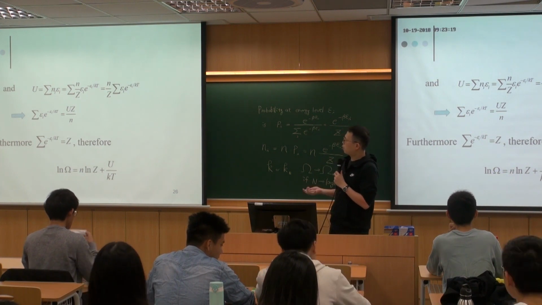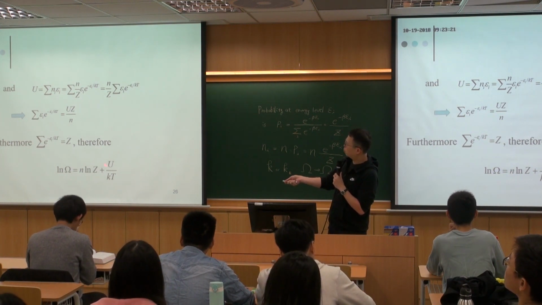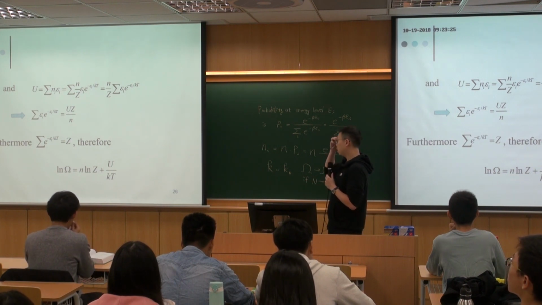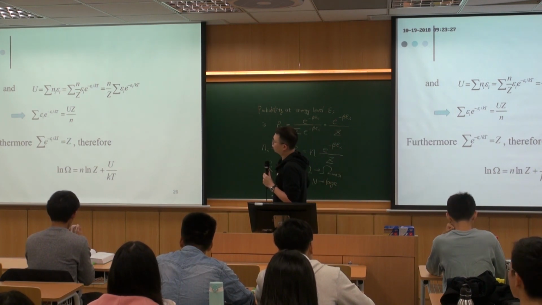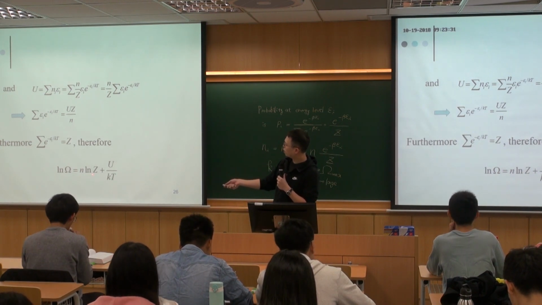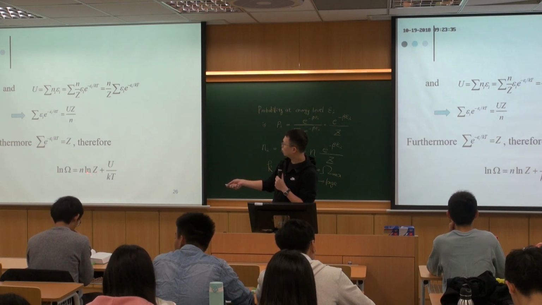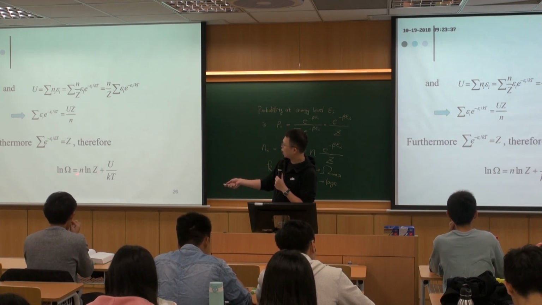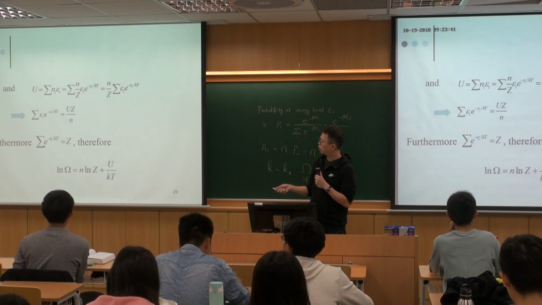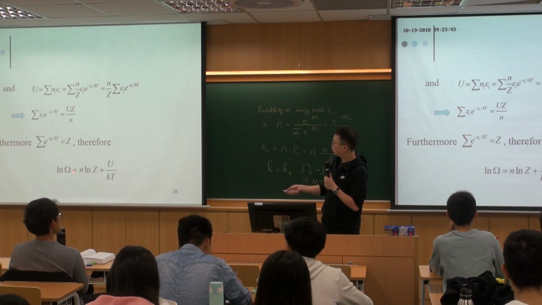So you probably don't know why the textbook tells you log omega is something like this. And this is the connection between multiplicity, omega, and partition function z. It also shows that if you want to calculate log omega, once you know the partition function and your internal energy, then you can derive that.